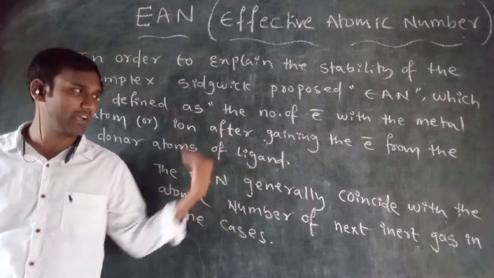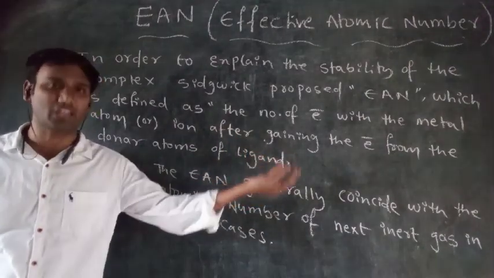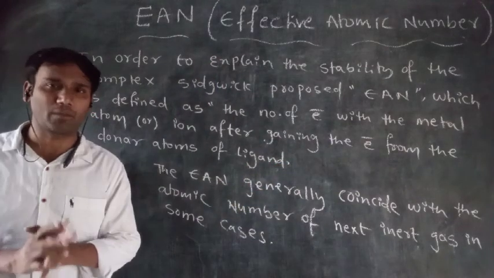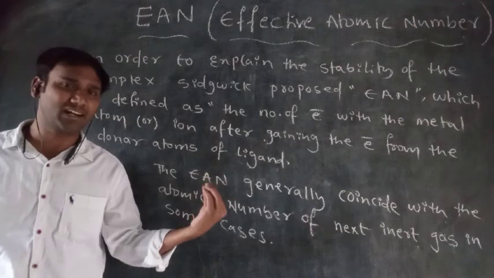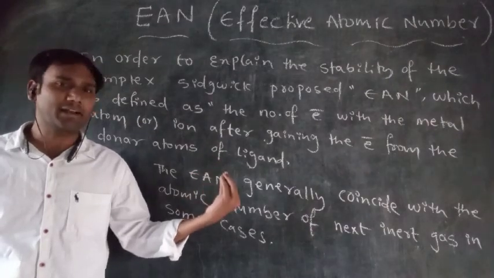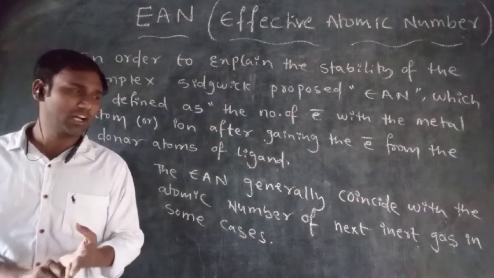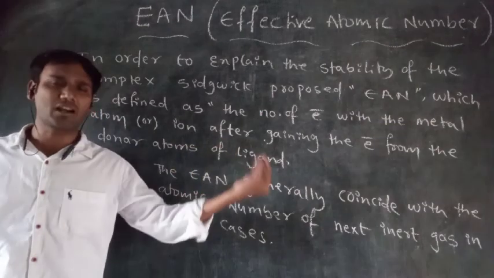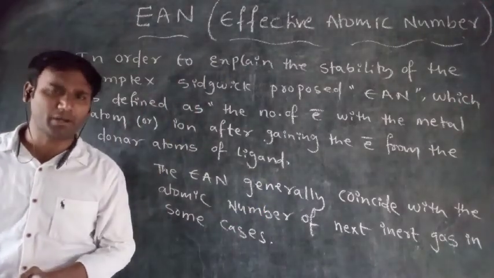If the central atom's number of electrons is equal to the inert gas atomic number, we consider that complex stable according to effective atomic number. In a coordination complex where the central atom's number of electrons does not equal the inert gas atomic number, we consider the complex not stable, or not following the effective atomic number method.